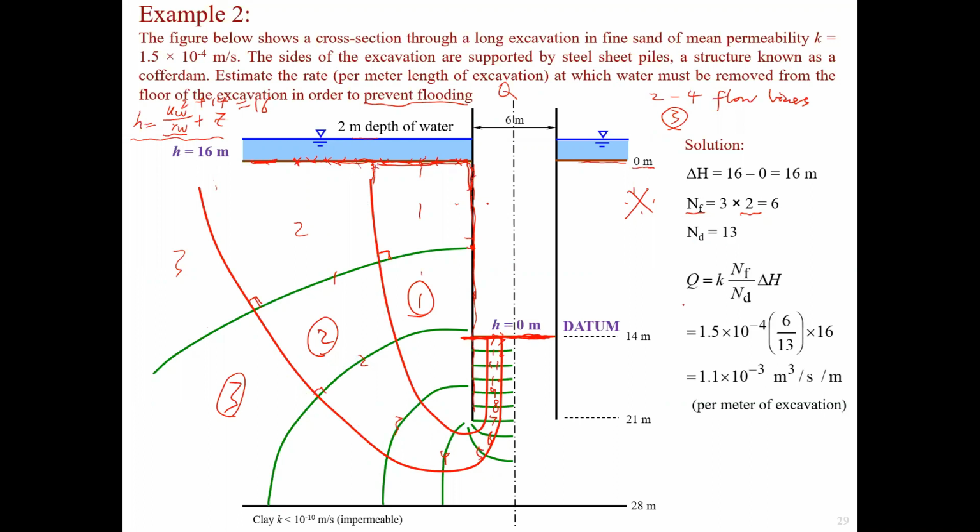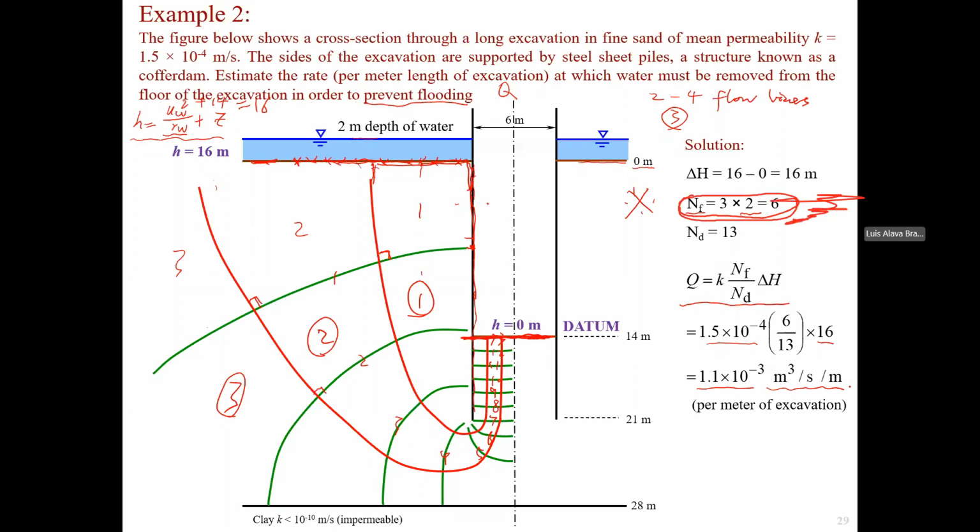Then that's the seepage formula to calculate Q. K is already given, and we know NF, ND, and delta H, which is 16. So eventually we get this value, in cubic meters per second per meter of excavation.